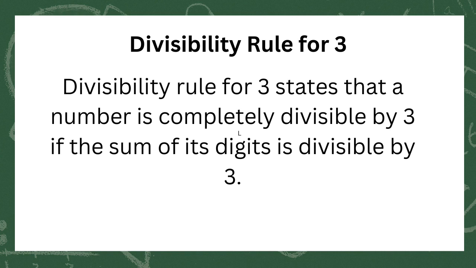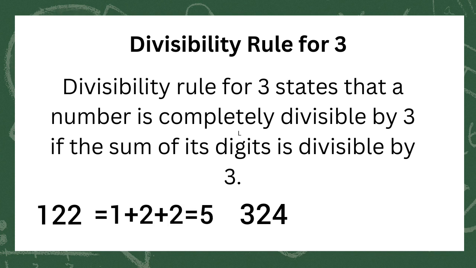We have two numbers here, 122 and 324. Which of these is divisible by 3? We simply add the digits. In 122, we will say 1 plus 2 plus 2. That gives us 5. In the next number, which is 324, we will add together 3 plus 2 plus 4.